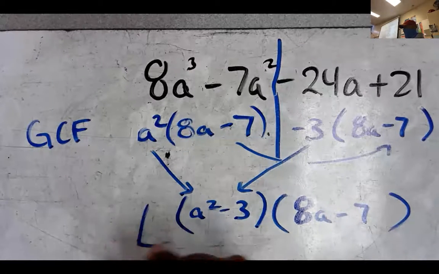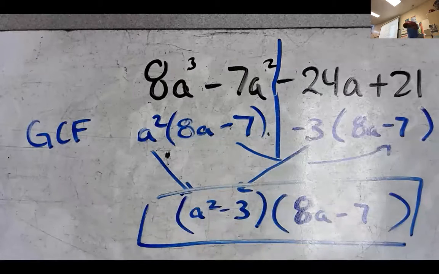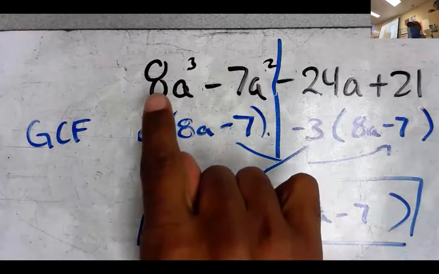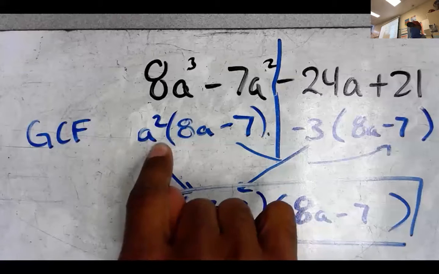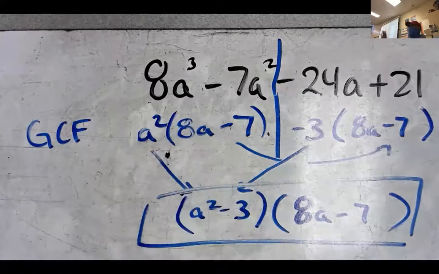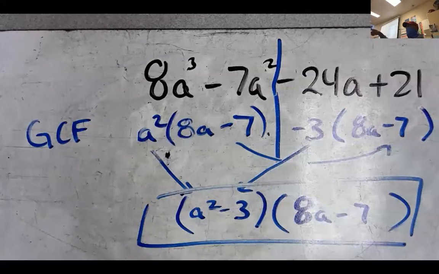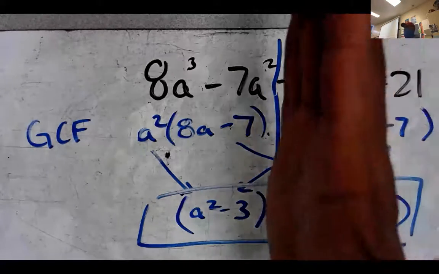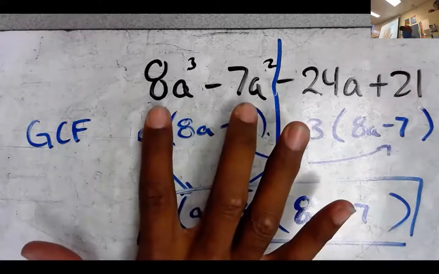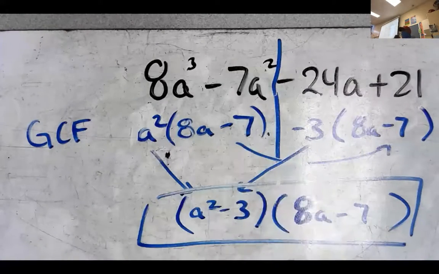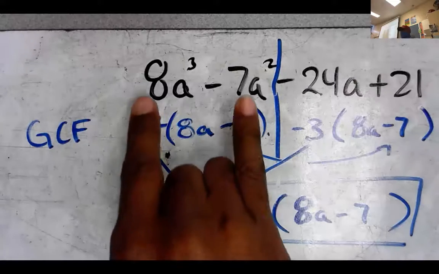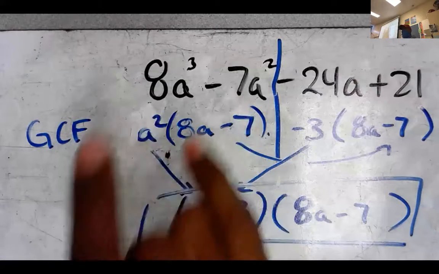And that's it. So just to repeat myself, I look for the common factor between these two terms. Remember, look for the greatest common factor, not just any factor, but the greatest, the biggest number you can divide. You want to split it in half because you're only going to work with these two terms when you do the first step. Okay, I'm only doing these two to start with.